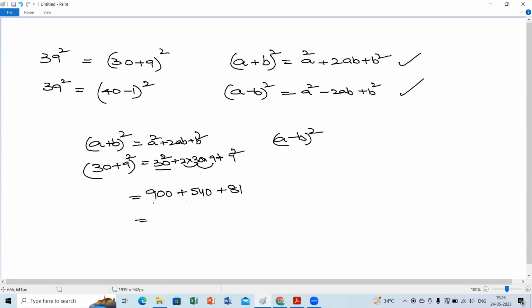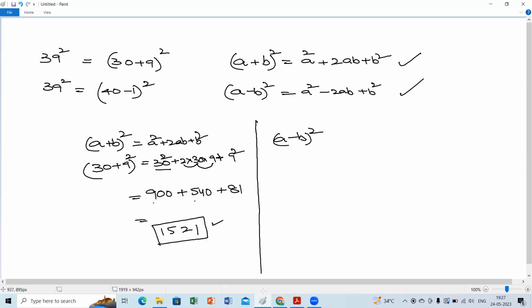So 900 plus 540 is 1440, 1440 plus 81 is 1521. Good. 1521 is the answer.